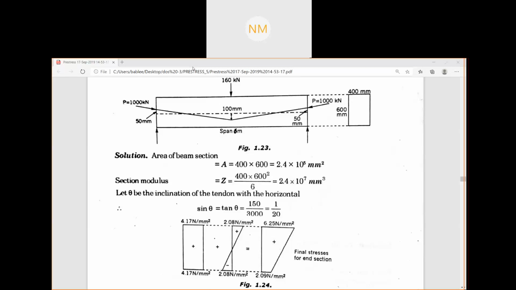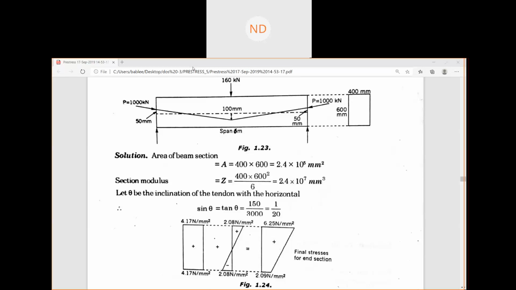How much was our upward point load? That means the 2P tan theta, how much was it? 100 kilonewton. Net downward load we got to be 60 kilonewton. Then we have bending moment 90.